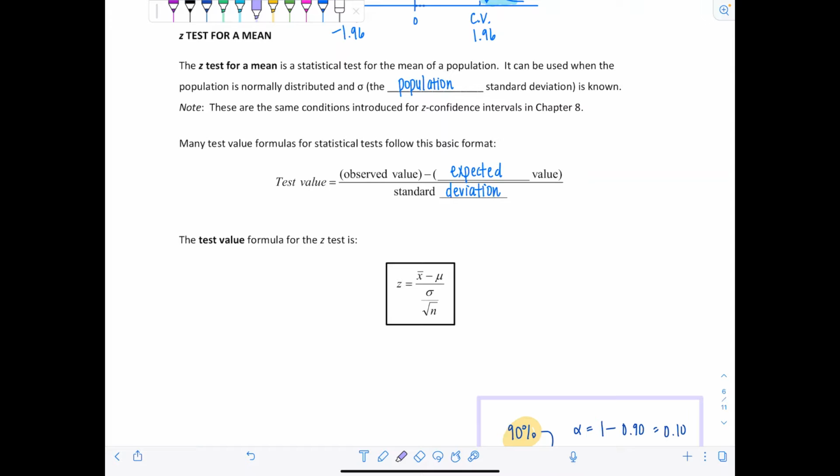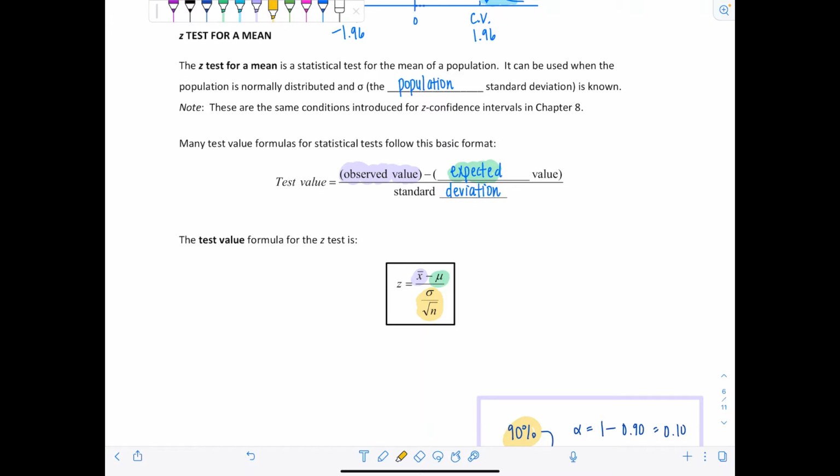That's our sample mean, right? That's why that's the observed value. Minus mu. Mu is expected. We never actually have or can find mu. We just assume or expect it to be equal to something. Divided by the standard deviation. And you probably remember sigma over root n. That's the standard error of the mean back from the central limit theorem a few chapters ago.